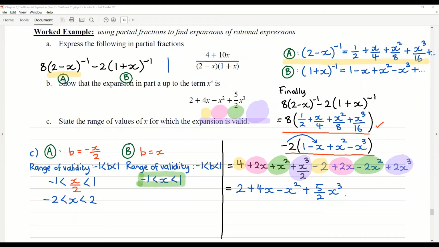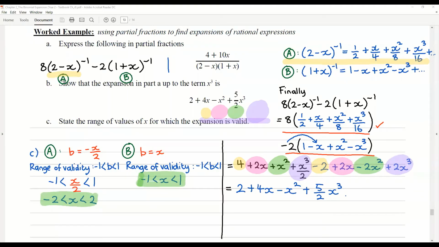They've got to be valid here, and they've got to be valid here if they're to be valid for the whole expansion. So you have to take the strictest range, the most limited range of x values that you possibly can, in order to ensure that the expansion is valid within those parameters. I hope that makes sense.